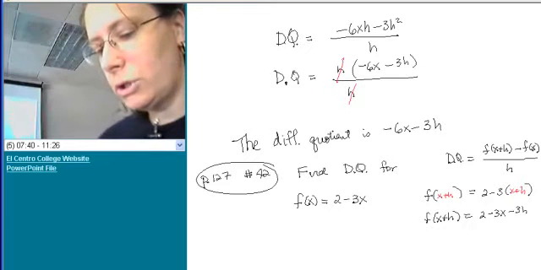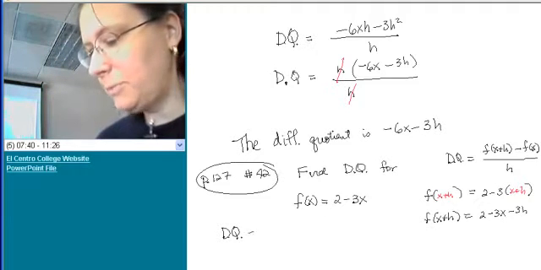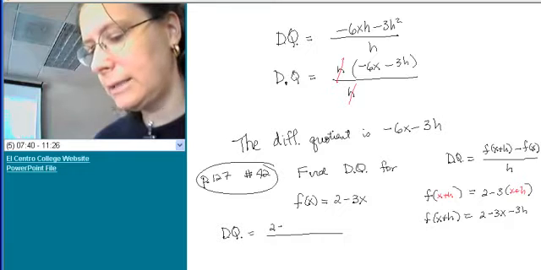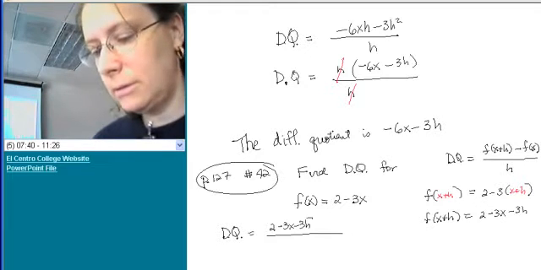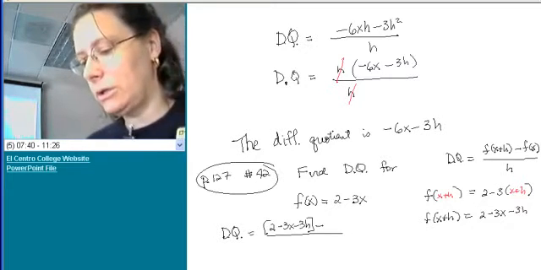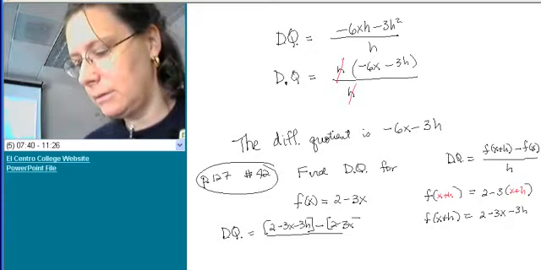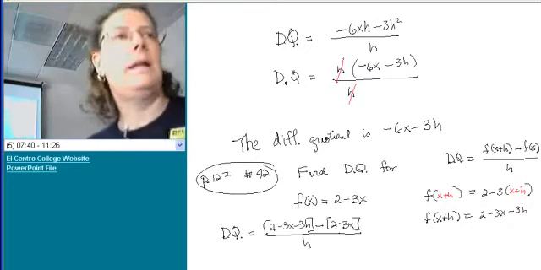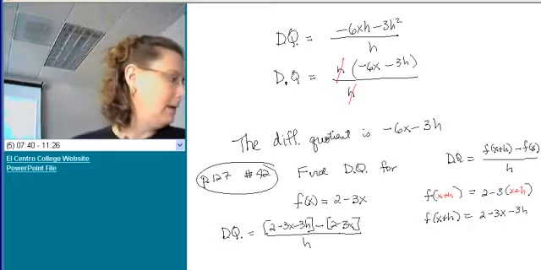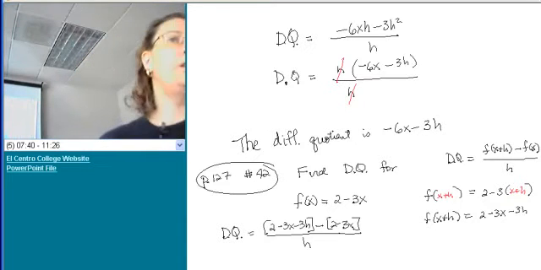So now our difference quotient is going to be that expression, 2 minus 3x minus 3h, minus the original function, 2 minus 3x, divided by h.